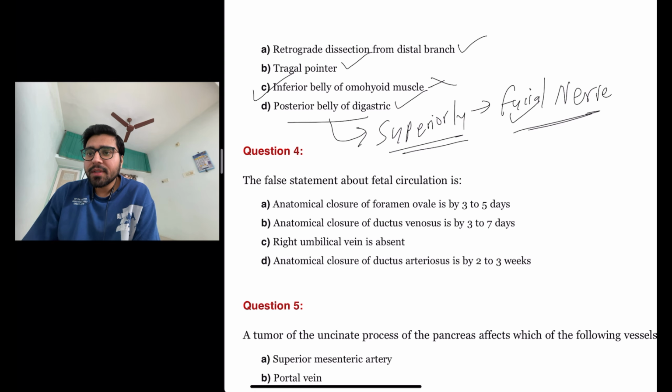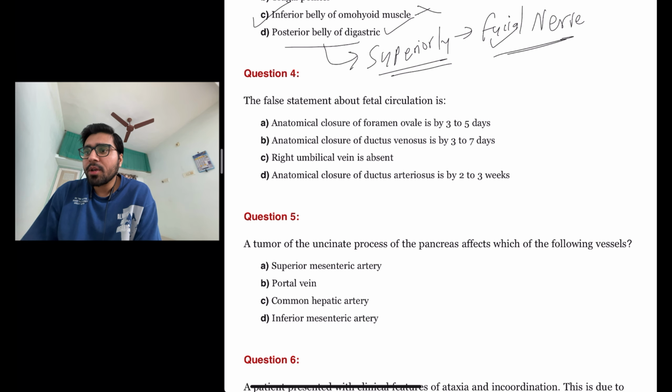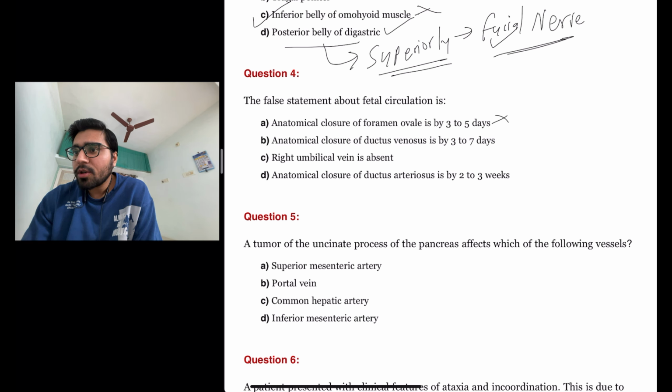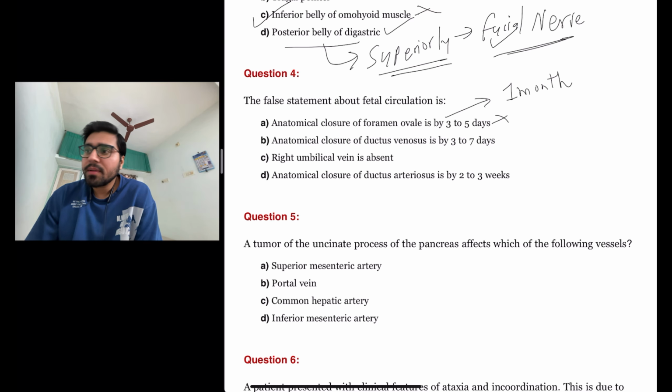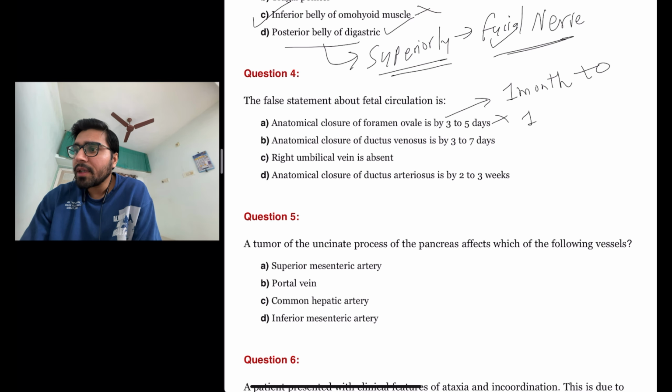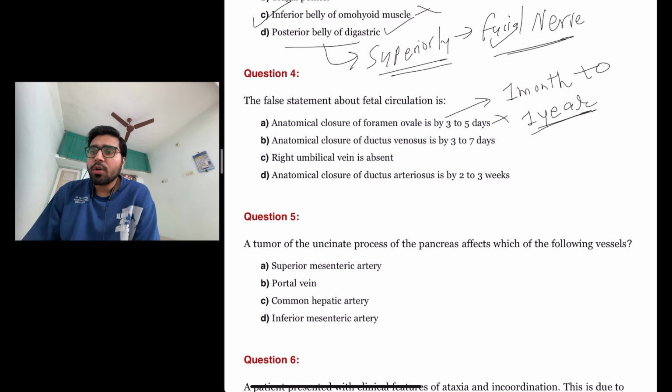The next question: the false statement about fetal circulation. The anatomical closure of foramen ovale is by 3 to 5 days. This one is false, because anatomical closure of foramen ovale happens from 1 month to 1 year time period.